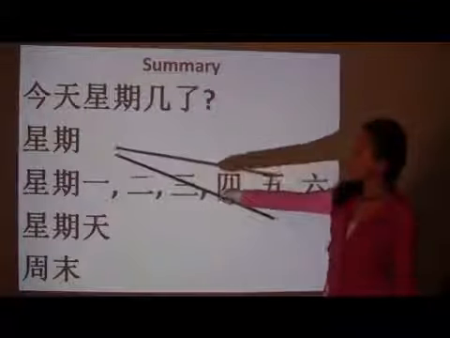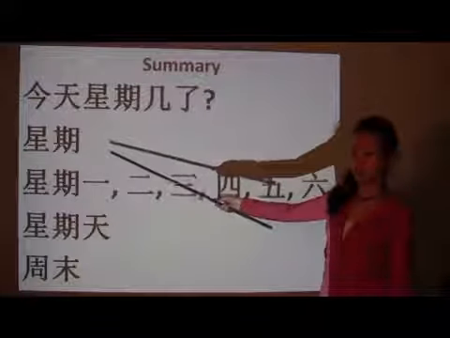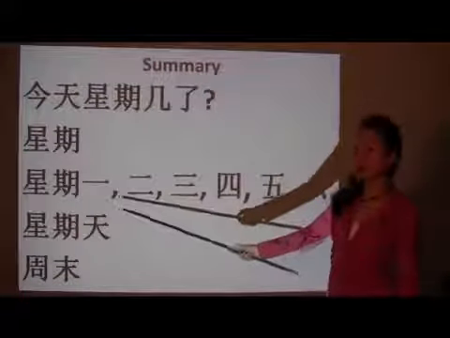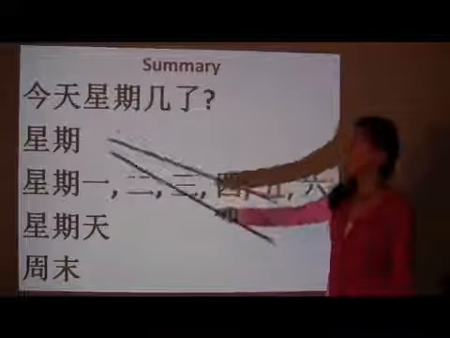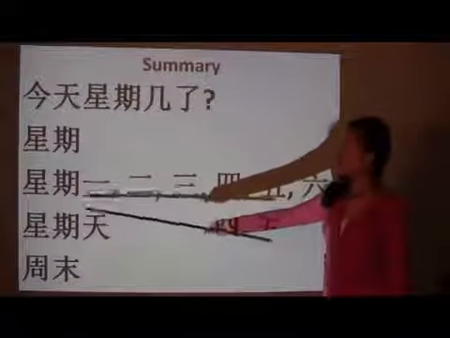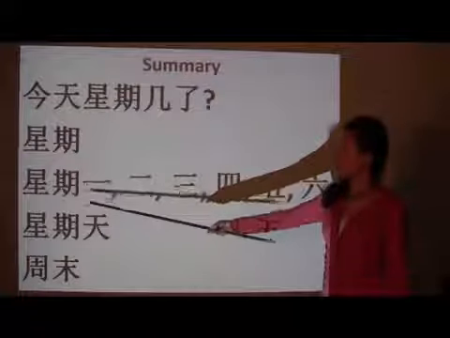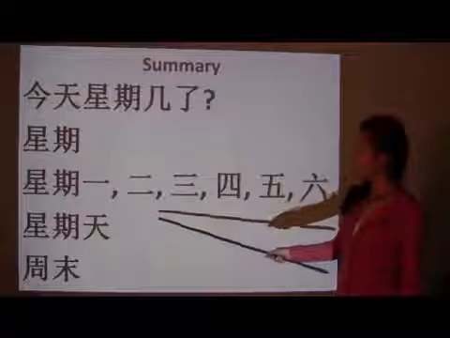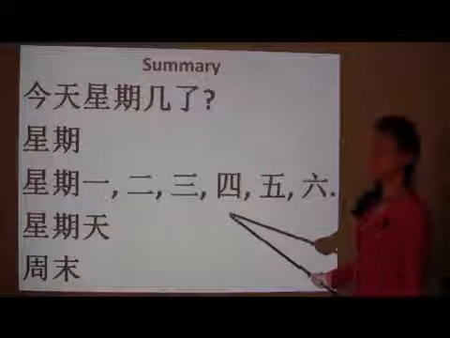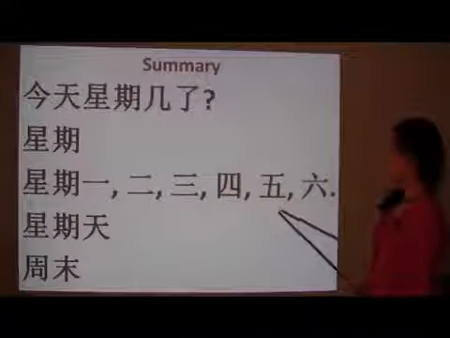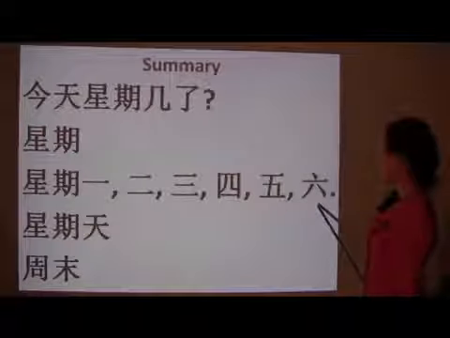And 星期 is week. And Monday through Saturday, all you do is add the number onto the end of week. 星期一, 星期二, 星期三, 星期四, 星期五, 星期六.